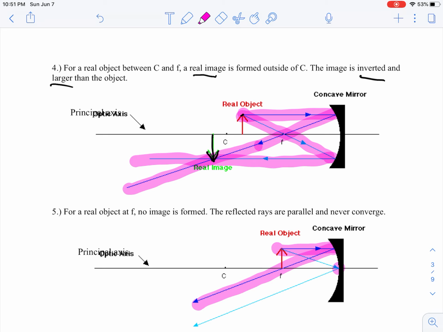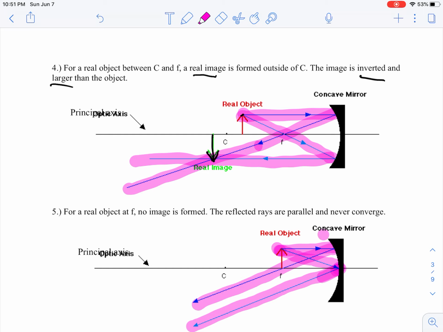You're going to draw the line into the vertex, measure the angle, and reflect it back out so that your angle of incidence equals your angle of reflection. When you practice, you're going to have to be very methodical. Your parallel lines have to be parallel to the principal axis, or you just won't get the right result.